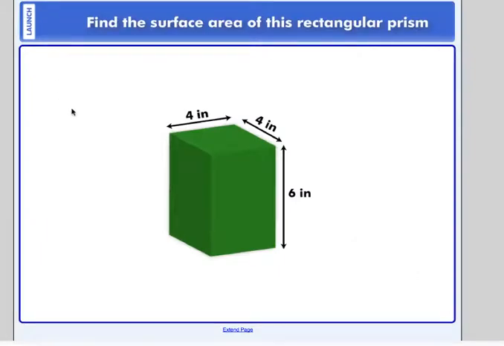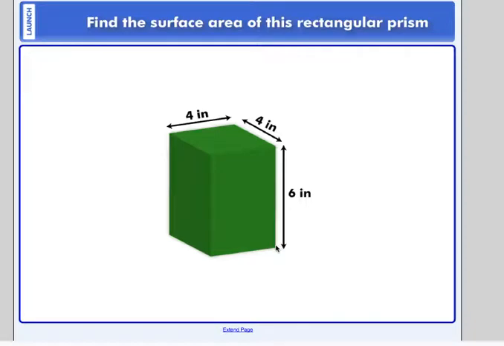Now, let's say you had to find the surface area of this rectangular prism. One thing you could do is make a list of the areas of each side, list them out and then add them all together. Like the top here is 4 by 4, so the area would be 16. Well, I know the bottom is also going to be 16 because the opposite sides are the same.